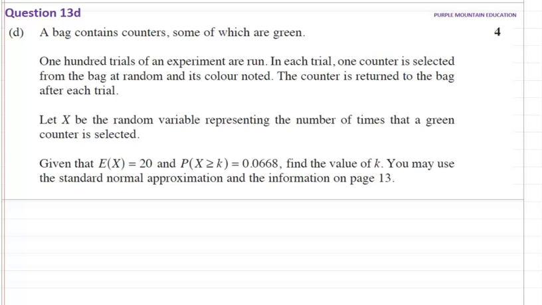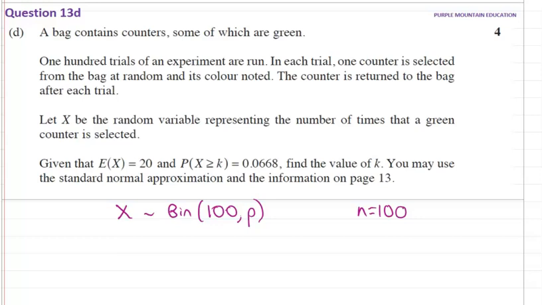All right, so we know that x is distributed as a binomial, where n is 100, because we're told n is 100.